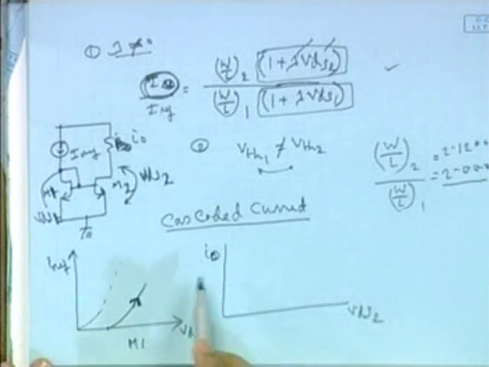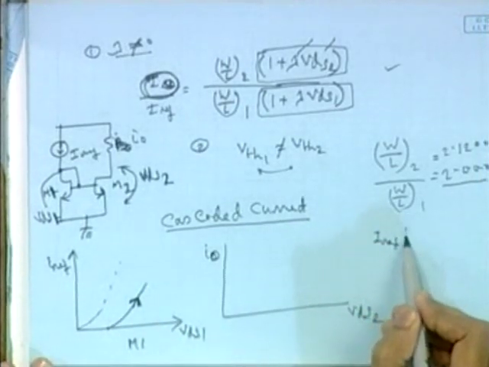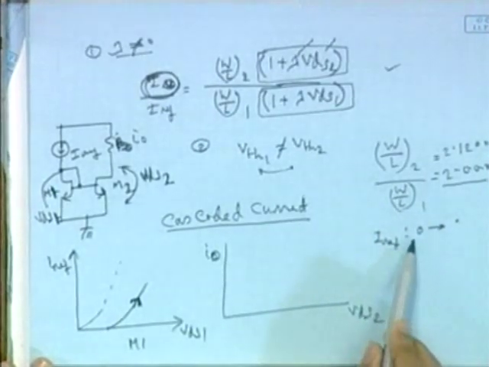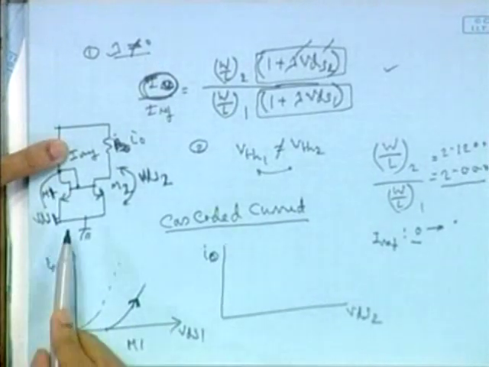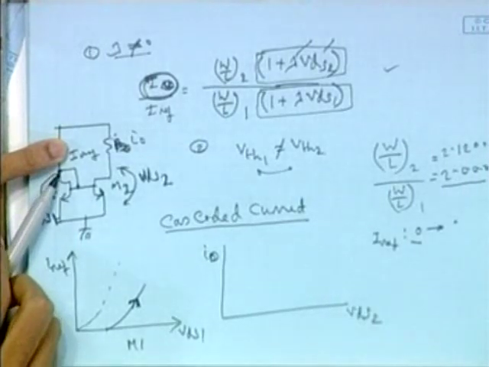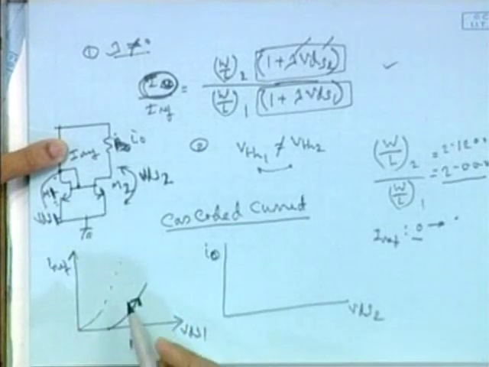Here we are increasing IREF from 0 to some value. When IREF is 0, this path is open, so the voltage here is also 0. So VDS is 0 and VGS is also 0. So it will start from here and move along this line.